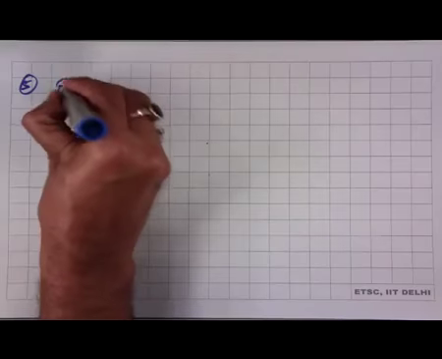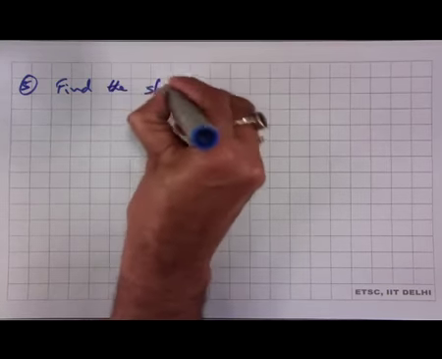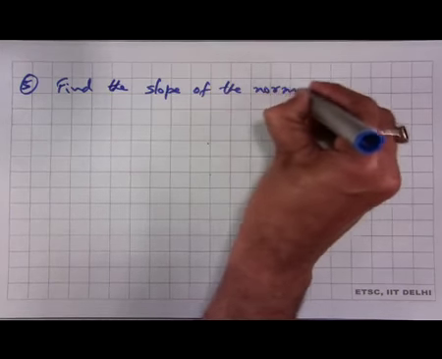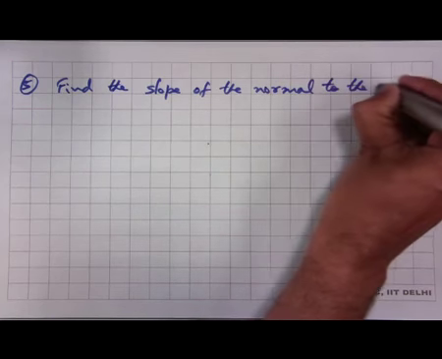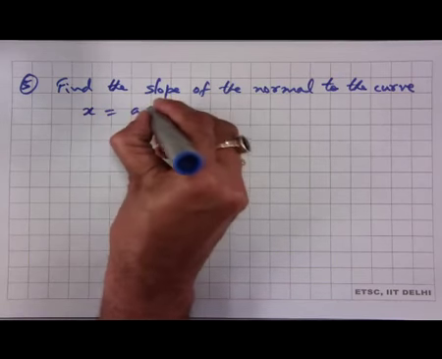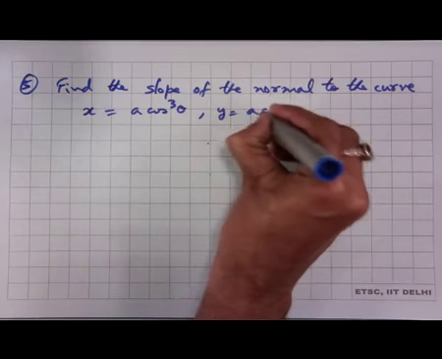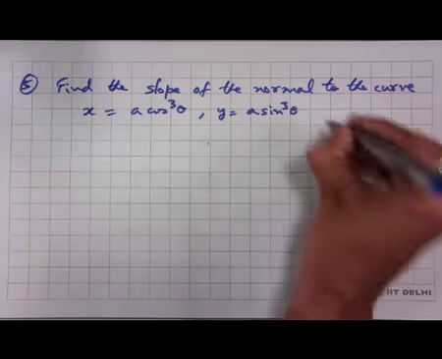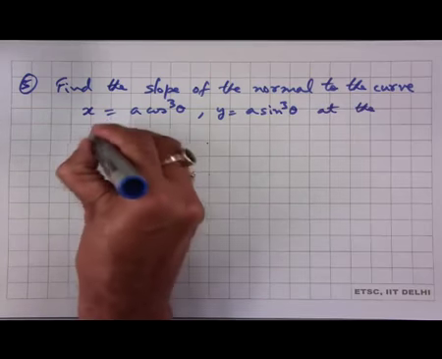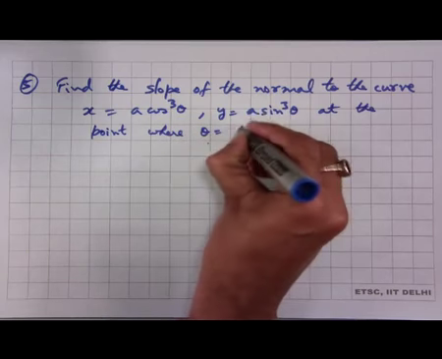So, here we will find the slope of the normal to the curve x = a cos cubed theta, y = a sin cubed theta, at the point where theta is equal to pi by 4.